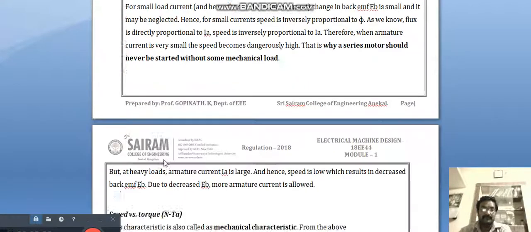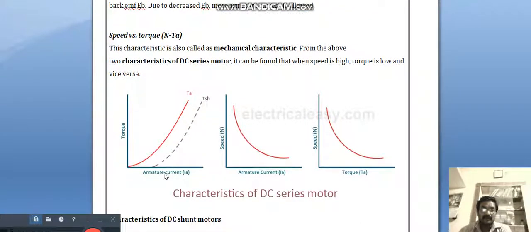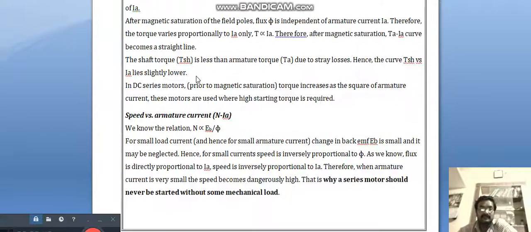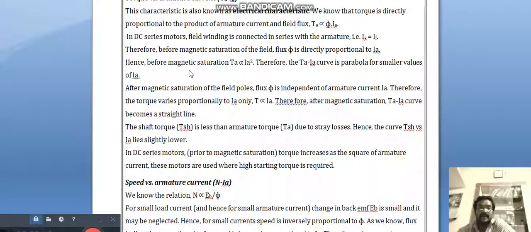Therefore, the Ta versus Ia curve is parabolic for smaller values of Ia. After magnetic saturation of the field poles, flux φ is independent of armature current Ia. Therefore, the torque varies proportionally to Ia only.